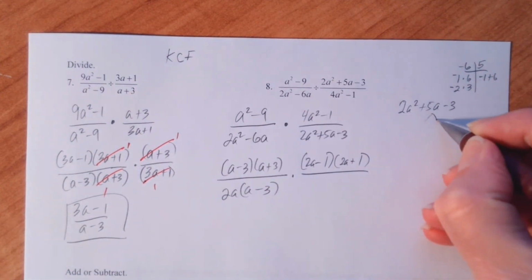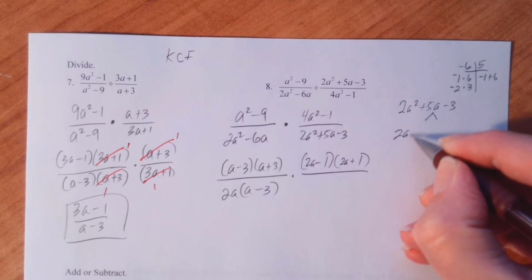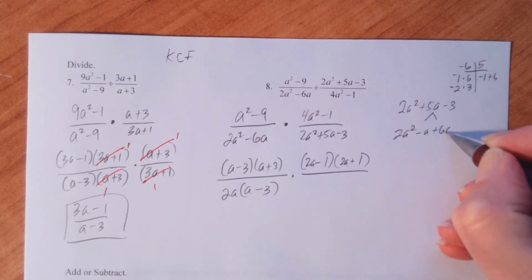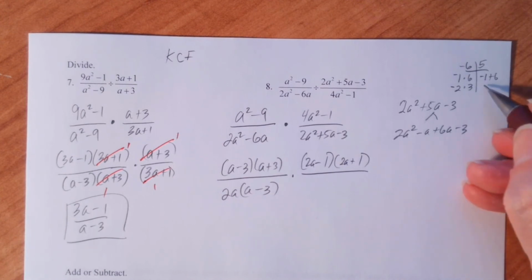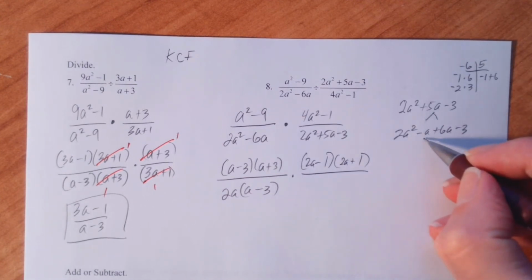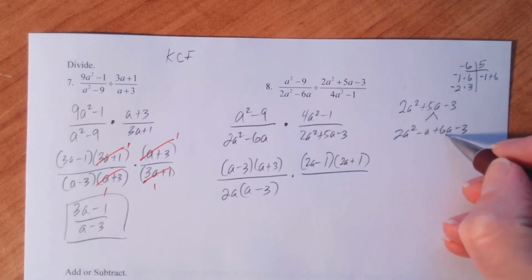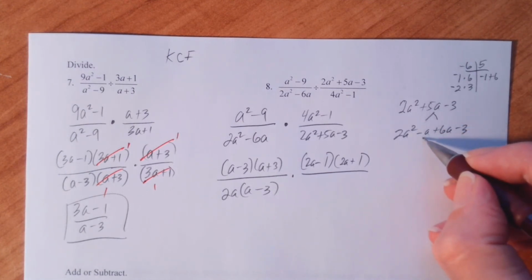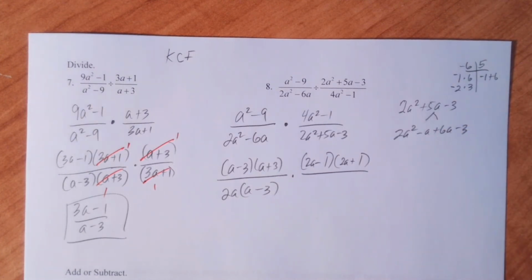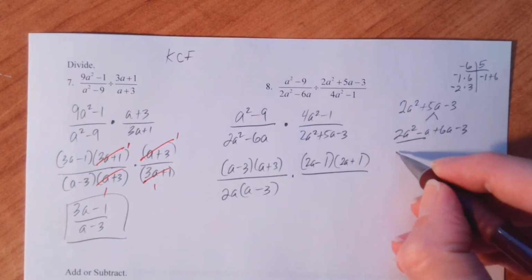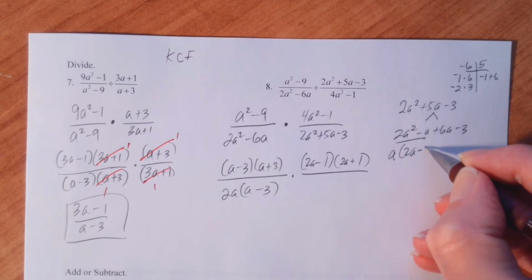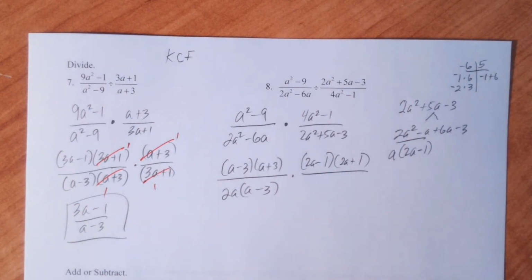And so we'll split our b term, we'll get 2a squared minus a plus 6a minus 3. So I'm using the negative 1 here to go with this a, and a 6 to go with this one here. Notice 5a does equal a negative 1a and 6a. And now we can factor by grouping. We can factor out an a here. It'll be 2a minus 1 times a, or a times the quantity 2a minus 1.